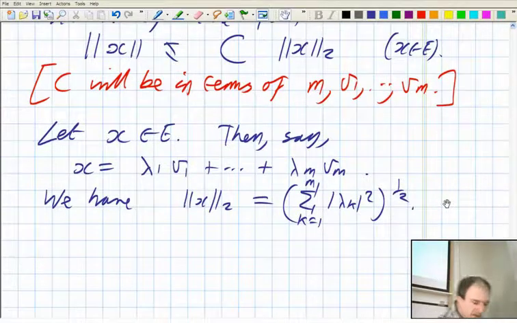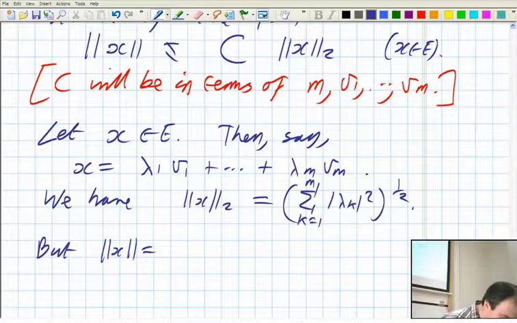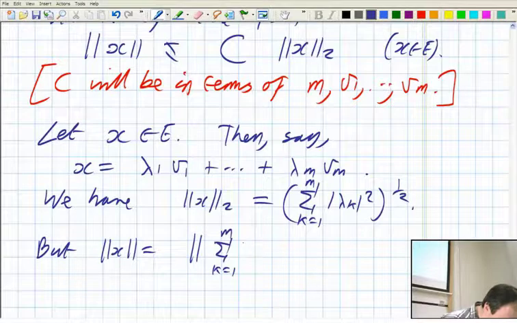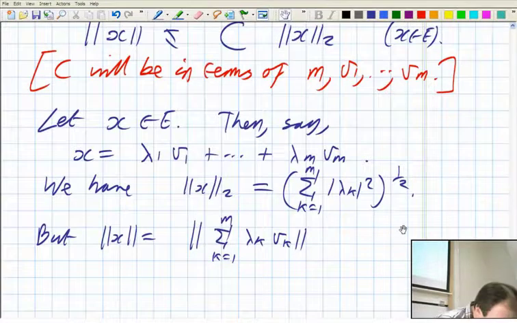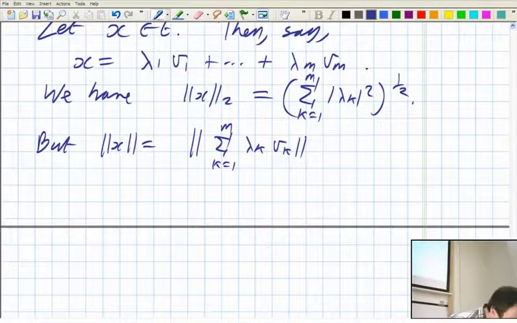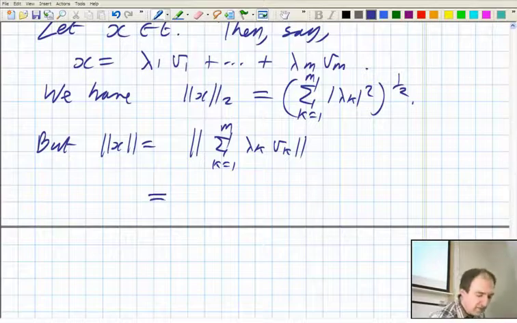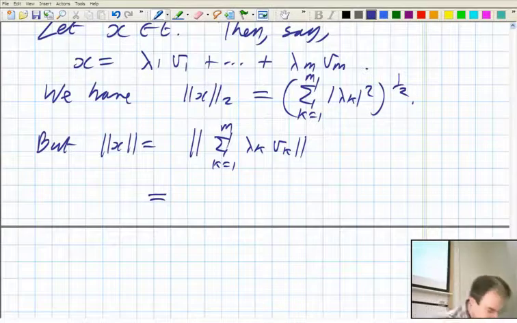But what about just norm x? We don't know much about that. Without using the 2, what about the ordinary norm of x? That's the norm of the sum from k equals 1 up to m of lambda k vk. Now I would want a really crude estimate for that. You can choose how subtle you want your estimate to be, but crude will do. That's less than or equal to the sum of the norms just by the triangle law.